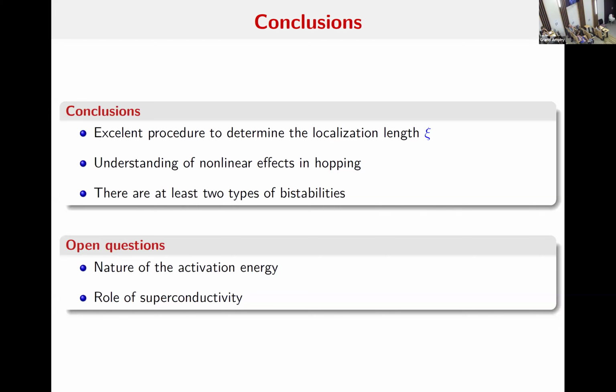And the other is whether superconductivity plays a role. In Claire's result, it's clear that we are very close to superconductivity. But in Johnny's result, theoretically, we are far from superconductivity, but still there may be some hidden superconductivity. We don't know. So this is, I think, an important question.